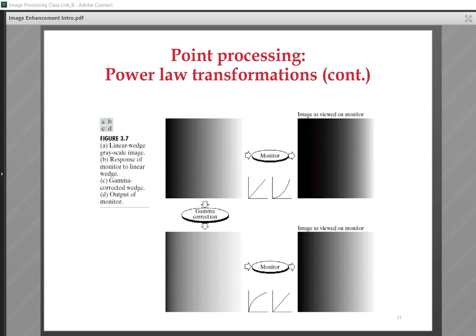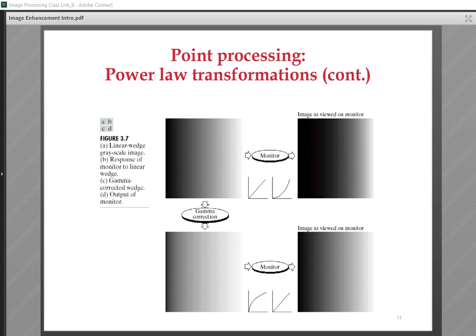You see here a linear wedge grayscale image. This is a linear wedge constructed as the original image. B is the response of the monitor to this input image. You see this is bad, even darker than this one, because of the gamma function of the display itself.